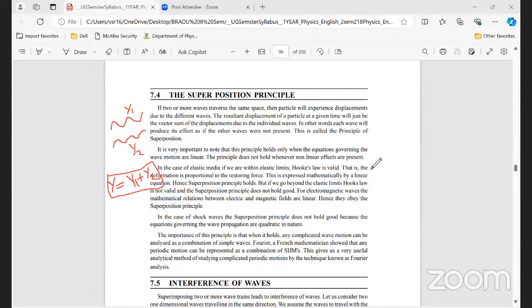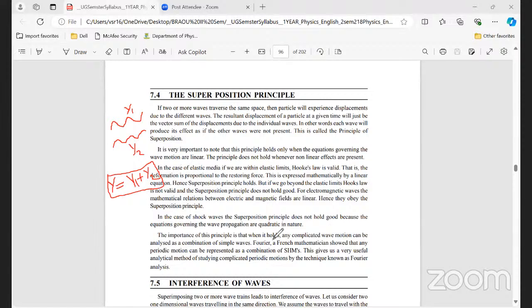It holds when the equation governing the wave motion is linear. It does not hold for non-linear effects.